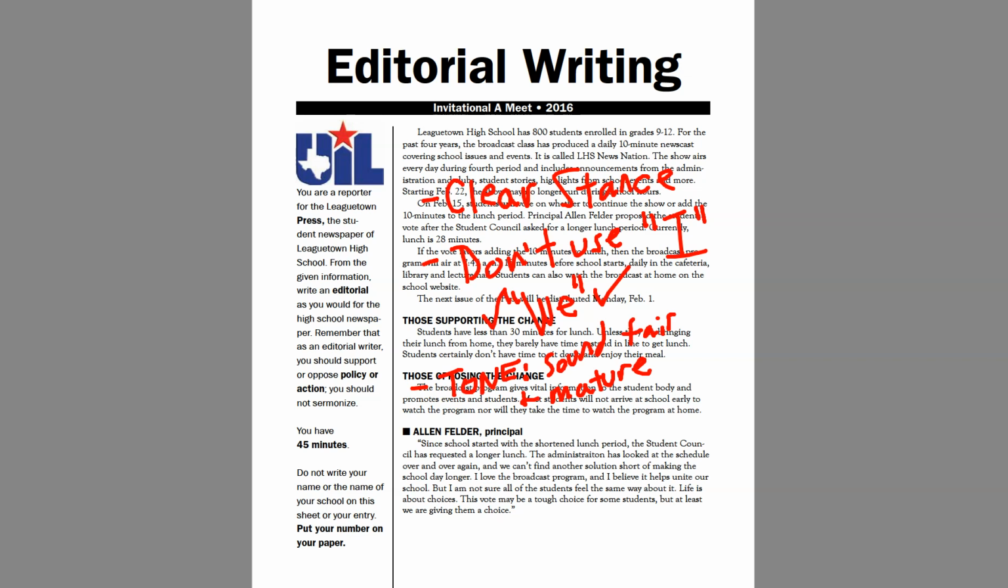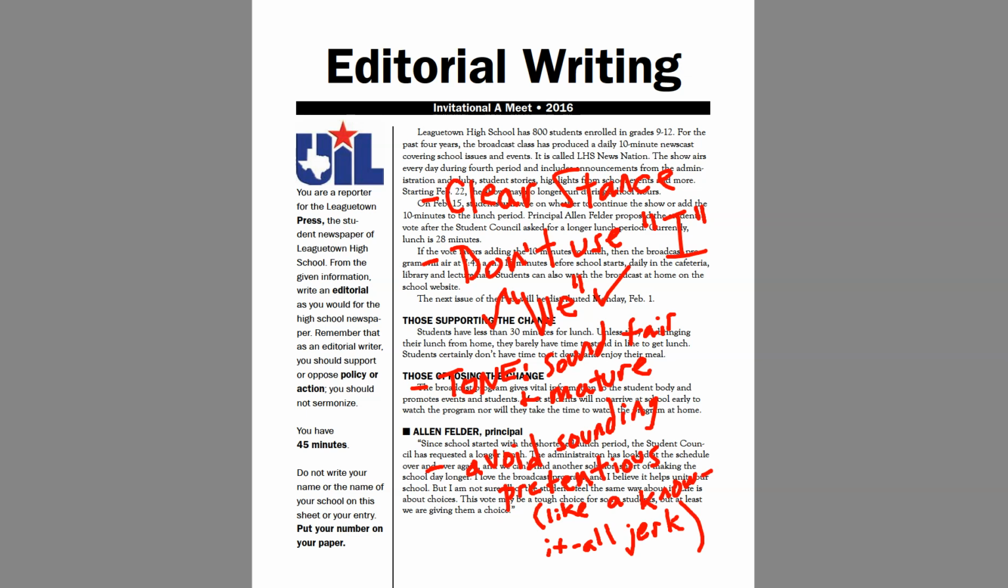Also remember to pay attention to how you sound in your writing, especially for an editorial. You really need to sound fair, like you're being fair, and mature. You cannot resort to name calling and just simply dissing the opposition or attacking them like that. You need to sound fair and mature even while making your point strongly.